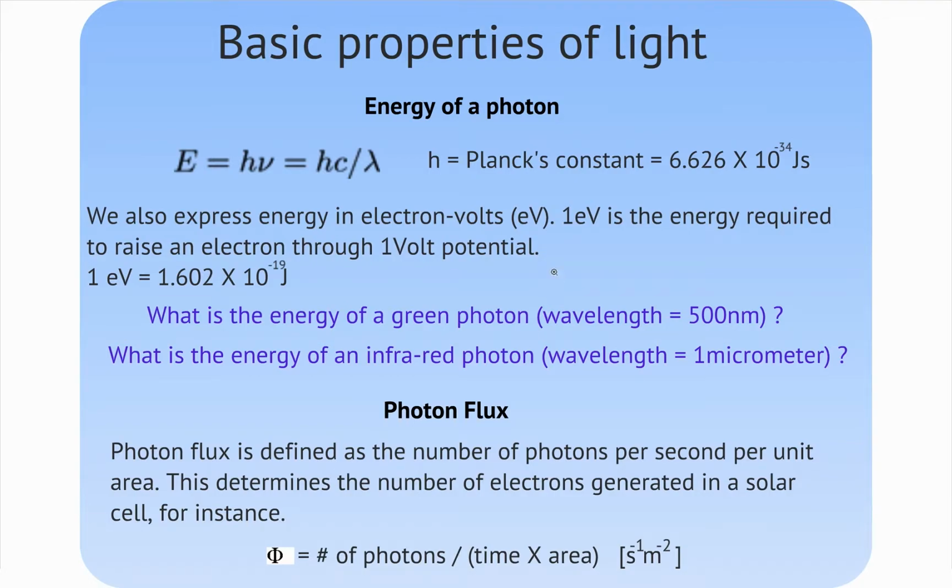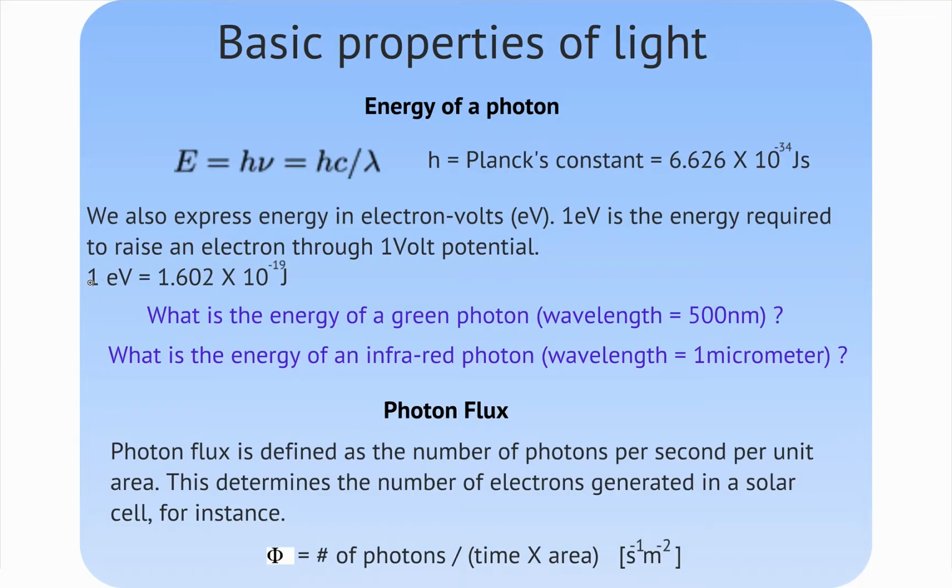In other words, if you have a positive and negative potential and you accelerate an electron from one end to the other, how much energy does that electron gain? Yes, this is potential energy, but of course when you accelerate it becomes kinetic energy, but it's just a unit. So 1 eV is simply 1.602 times 10 to the minus 19 joules. This allows us to essentially express all energies in electron volts, which is a friendlier unit.